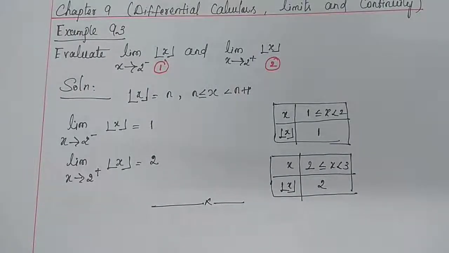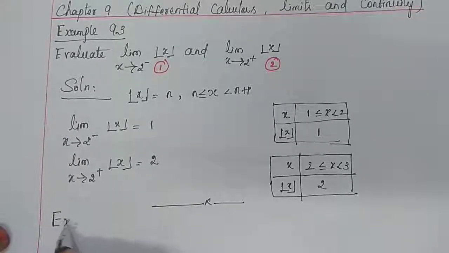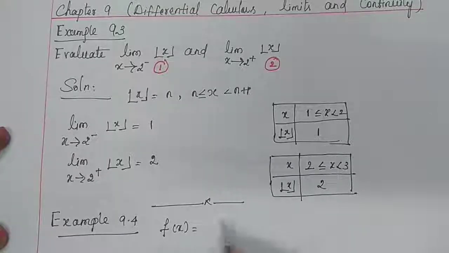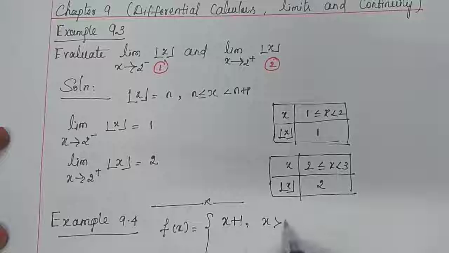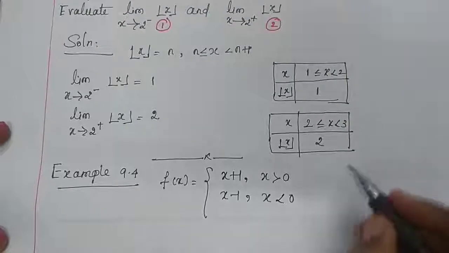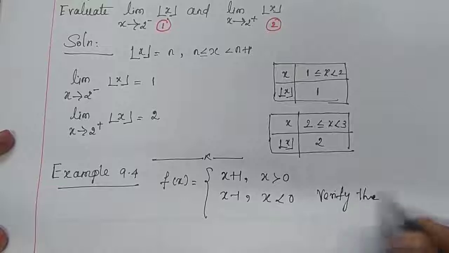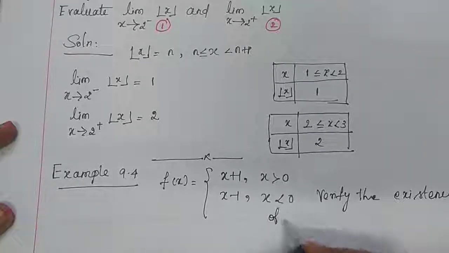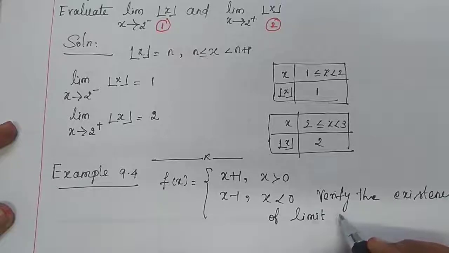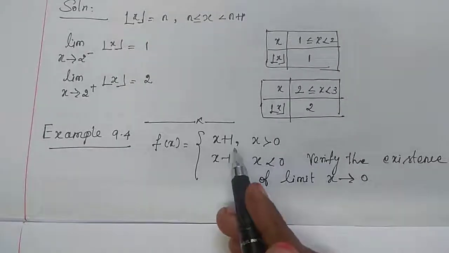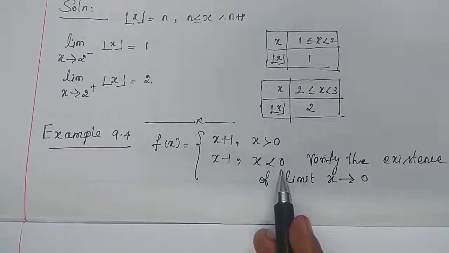So we move to example 9.4. The question is: f of x is equal to x plus 1, where x is greater than 0, and x minus 1, where x is less than 0.